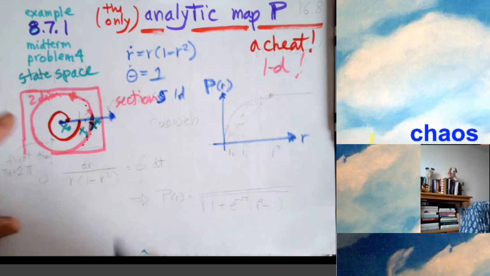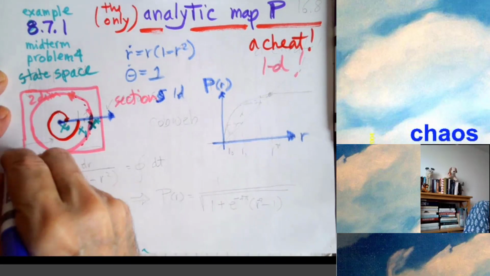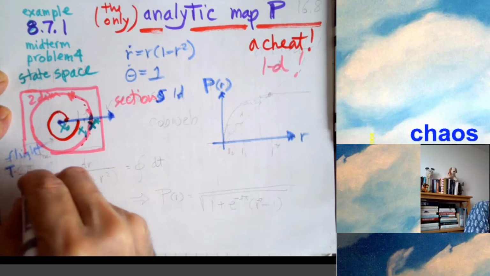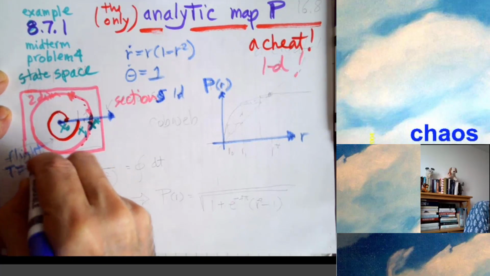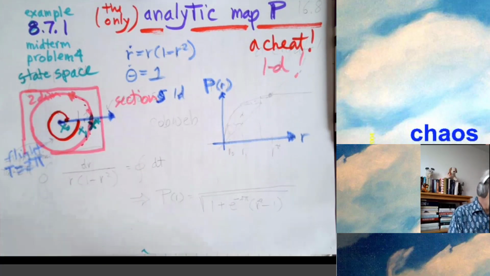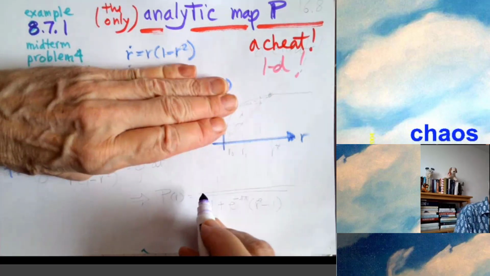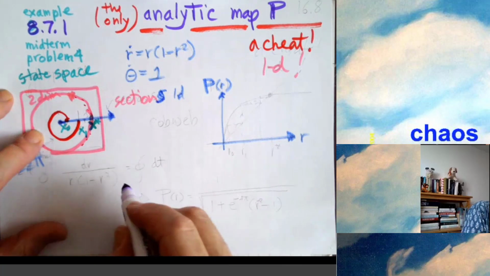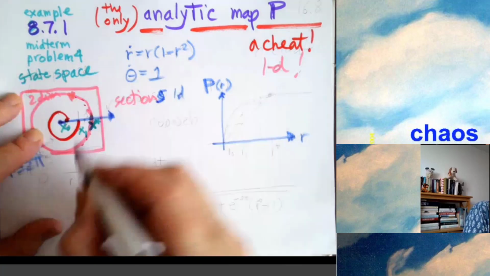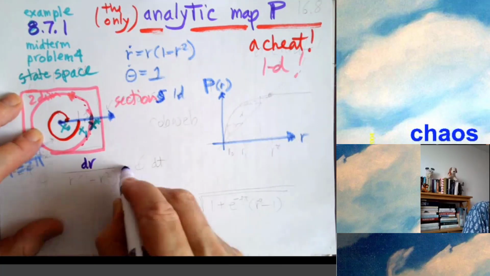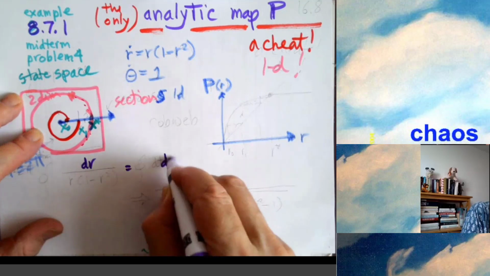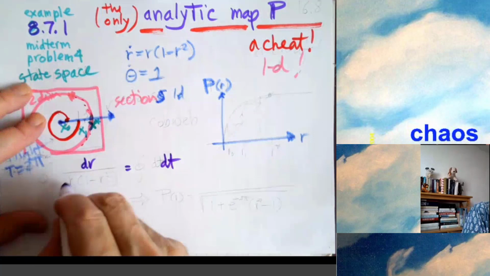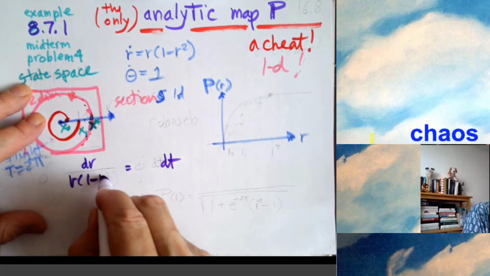And to do that, let's say, so flight time was boring, nothing there. It's just t equals 2 pi for everybody. But you look at this equation. This is dr over dt. So you can write dr and then multiply everybody by dt and then divide by r(1 minus r squared).